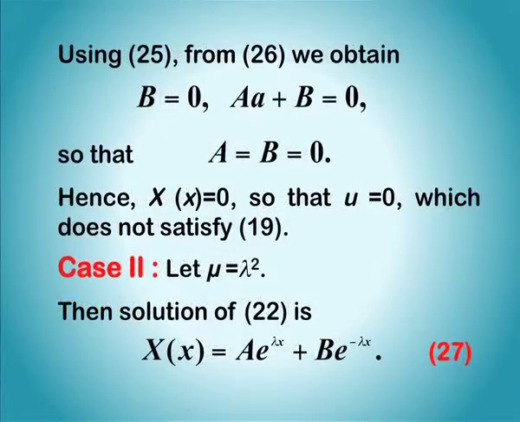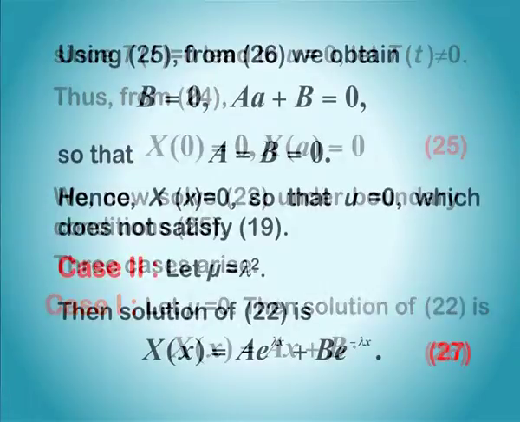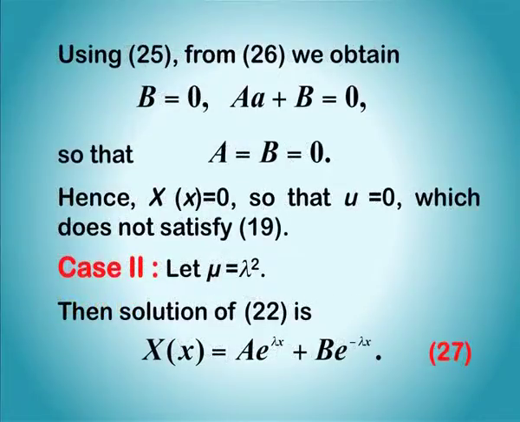Using 25 in 26, we obtain this. X(0) is equal to 0, X(a) is equal to 0. In 26, capital X of x equals Ax plus B. By using this, readily we have B equal to 0 and Aa plus B equal to 0.